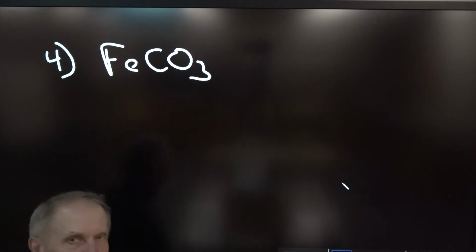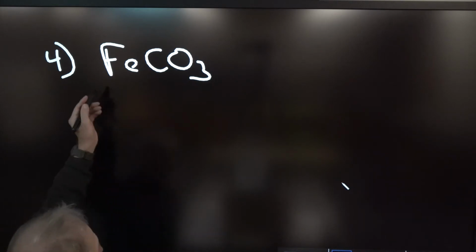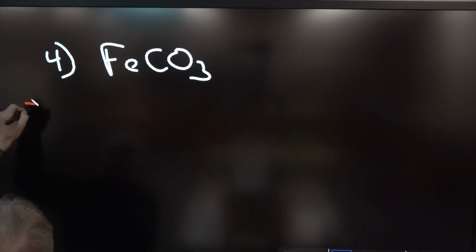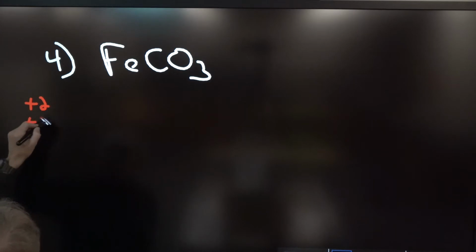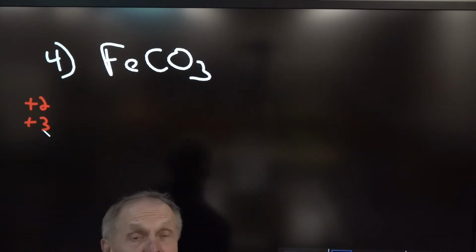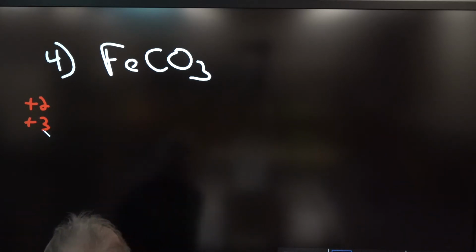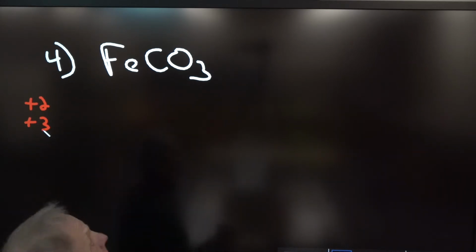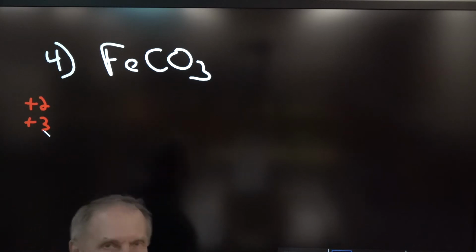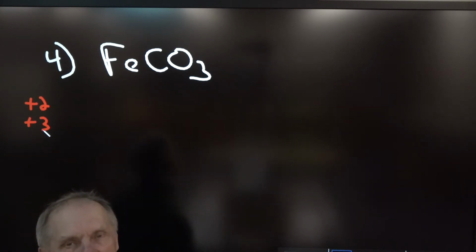FeCO3. Here's a problem. Iron can be a +2 or a +3. So it has multiple oxidation states because it's a transition metal. So how in the world do you figure out what oxidation state iron will be? You got to look and see what it's hooked to. Okay?